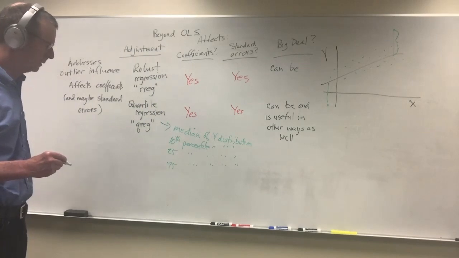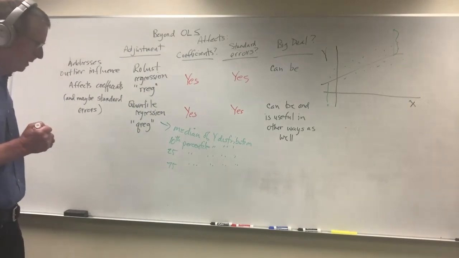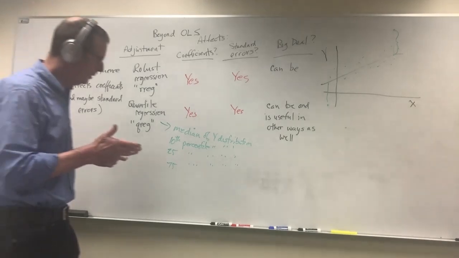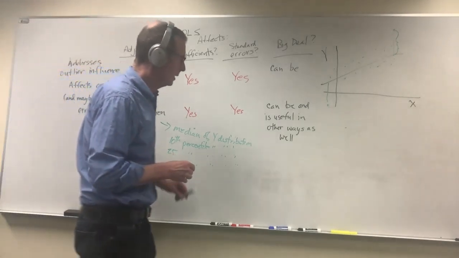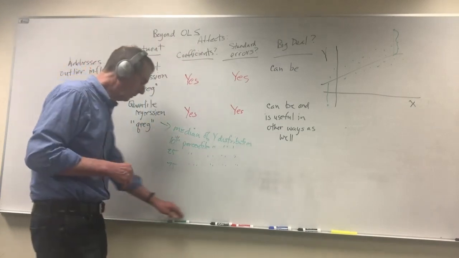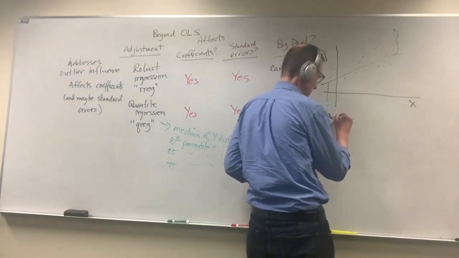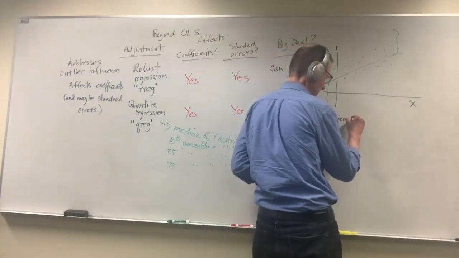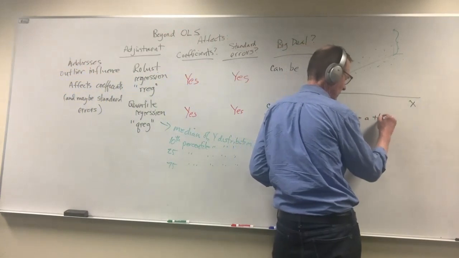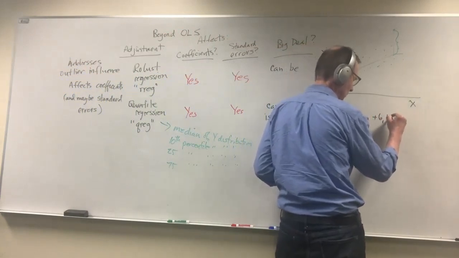Suppose you've got some kind of school-based intervention, and you want to know whether it's affecting achievement. So achievement is some function of the intervention.